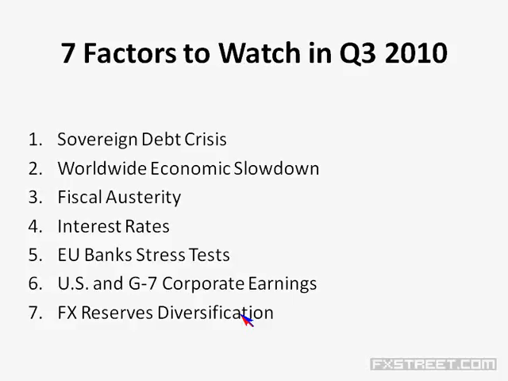Well, I found at least 7 factors that we all need to watch in the third quarter of 2010 that will give us the answer as to whether or not the price correction, for example, of the euro against the US dollar is coming to an end, and whether previous trends of US dollar strength versus the euro are going to continue even further in the third quarter of 2010.